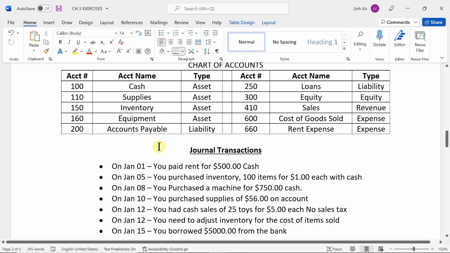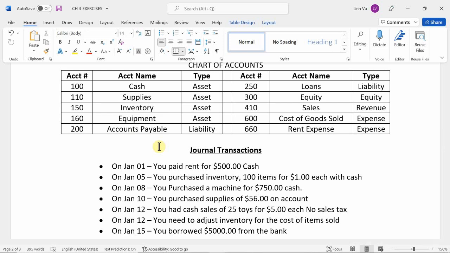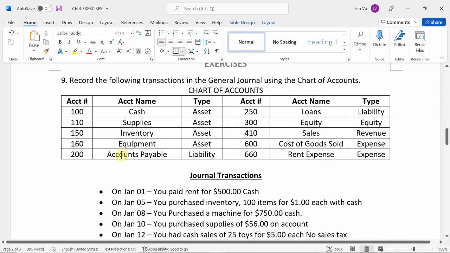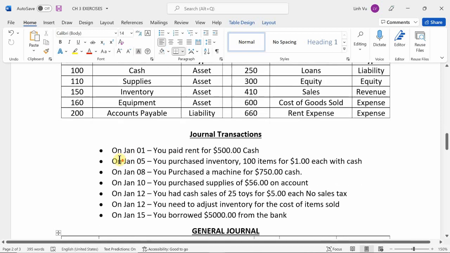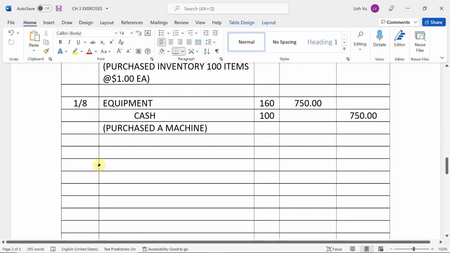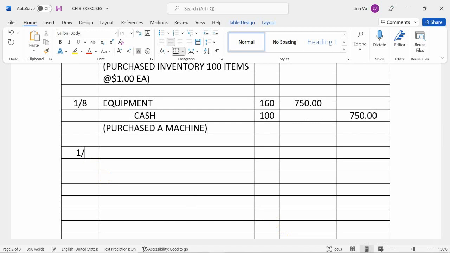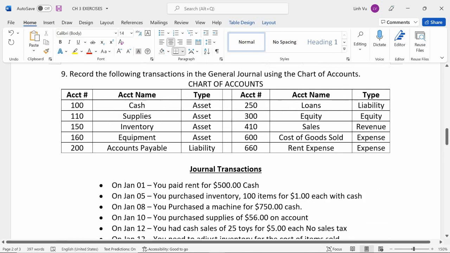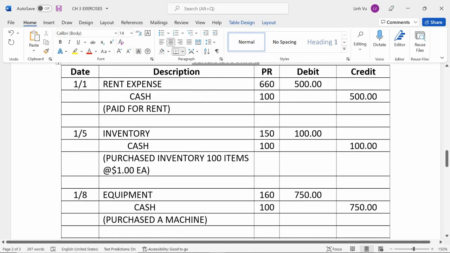So how do I increase a liability? By putting a credit. That's correct. So on January 10, we purchased some supplies for $56. Supplies, what account number was that? It was 110.